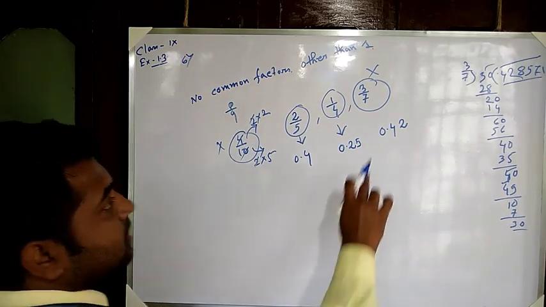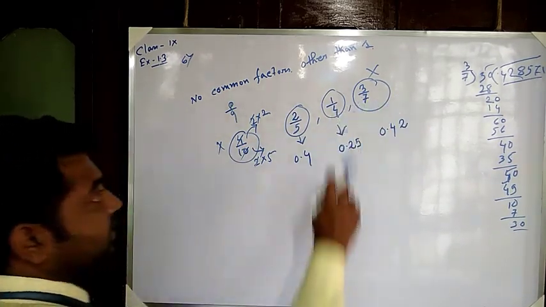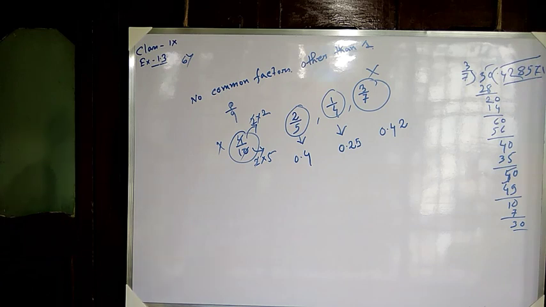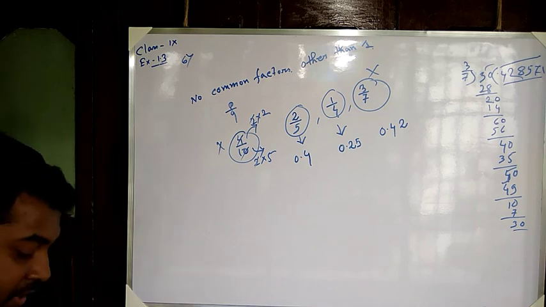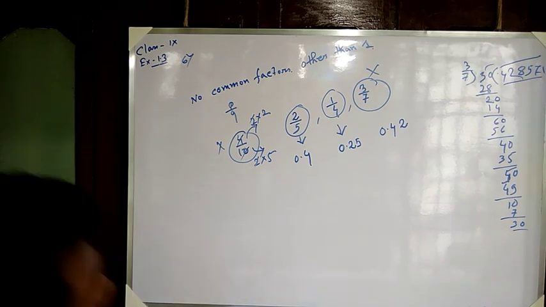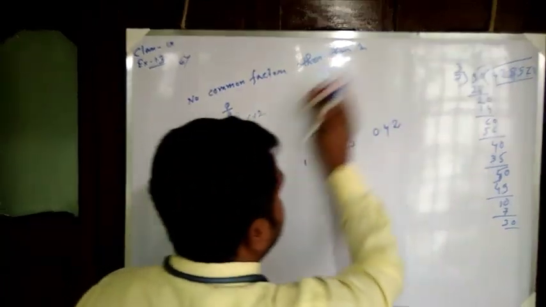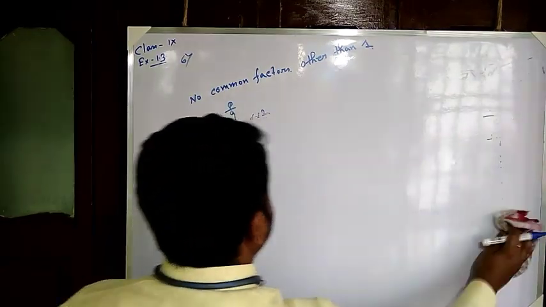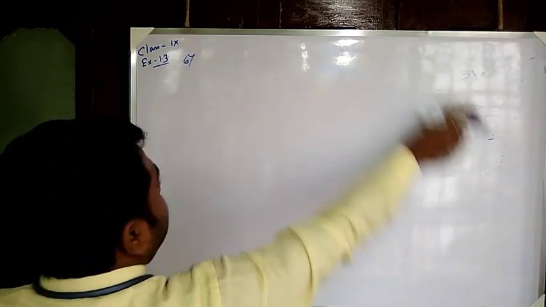But the problem is the decimal expansion should be terminating. That's why before starting the sum, you tell me a few decimal numbers.